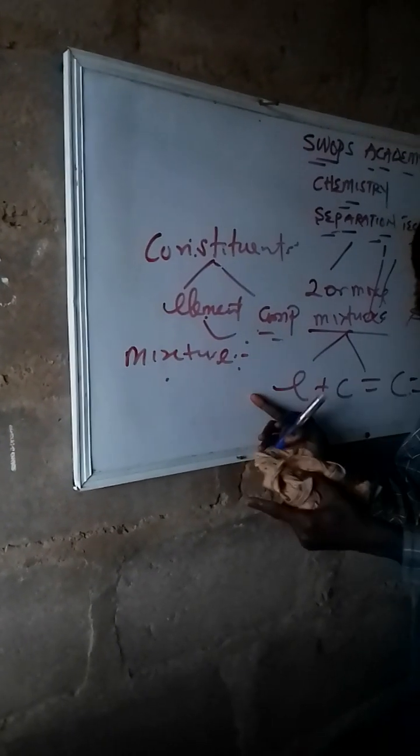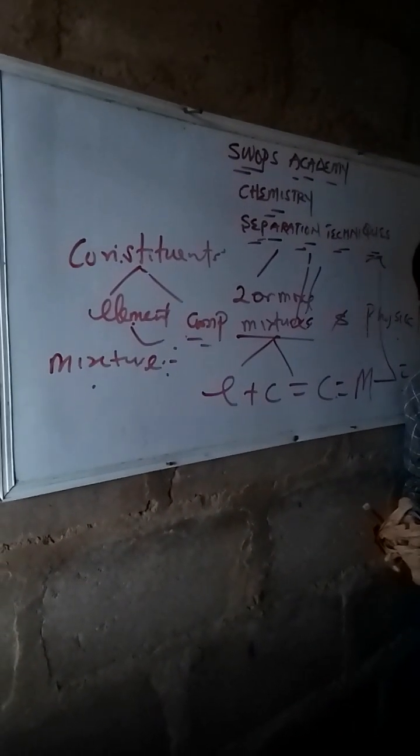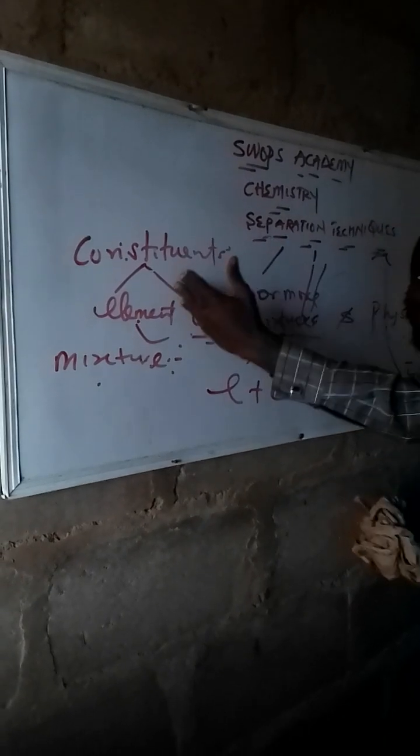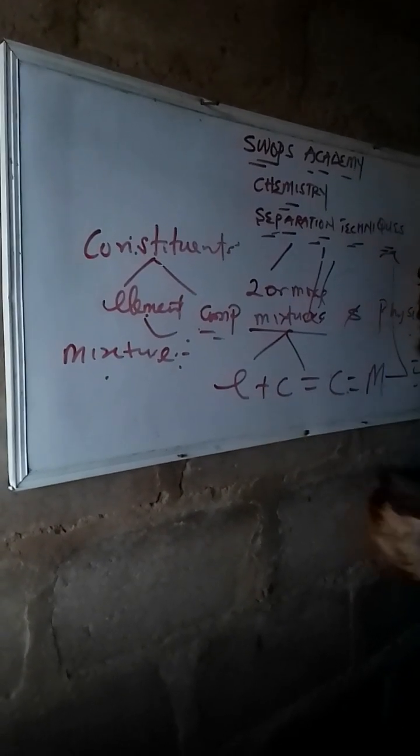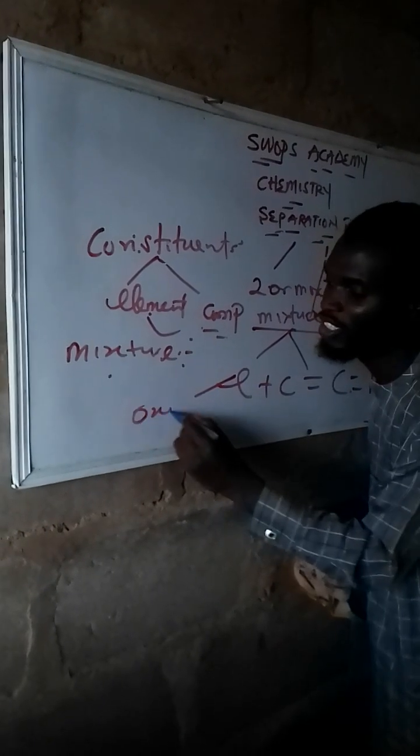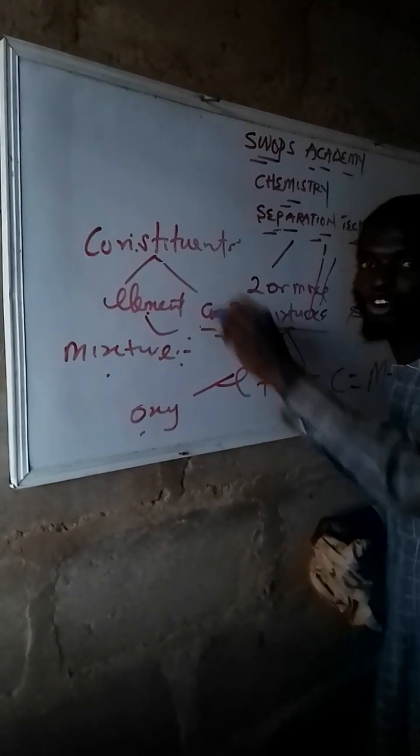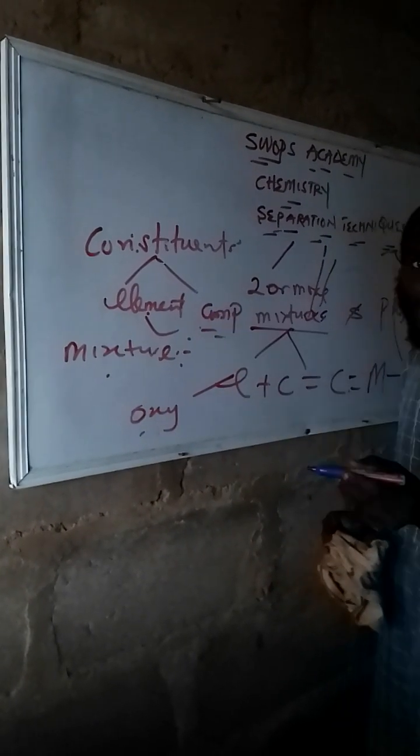Now let's recap our statement. Mixture is the combination of two or more constituents. And the constituent might be the element or might be compound. When I say element, I mean oxygen is an element. Sodium is an element. Calcium is an element.